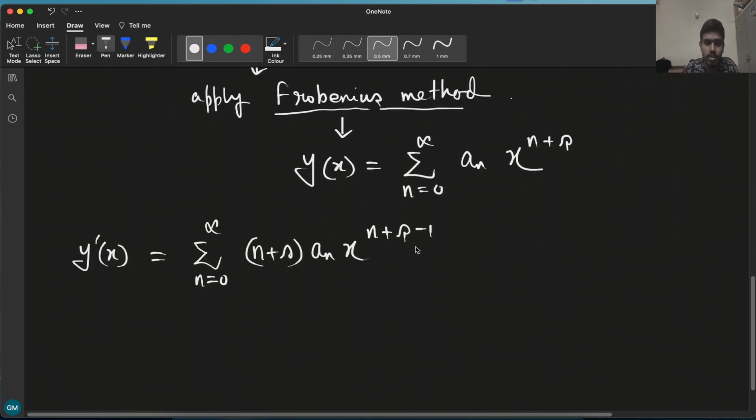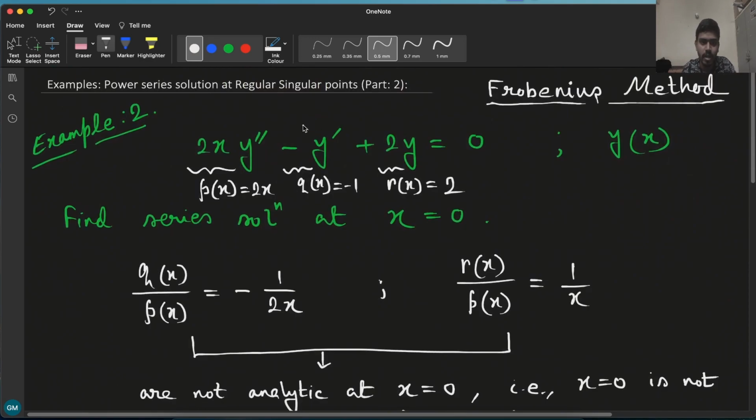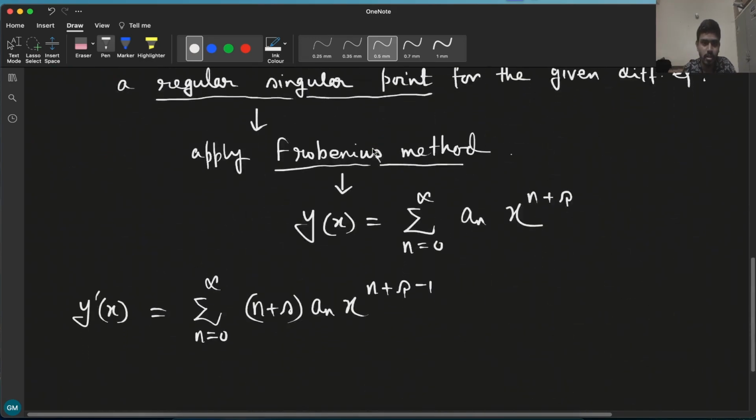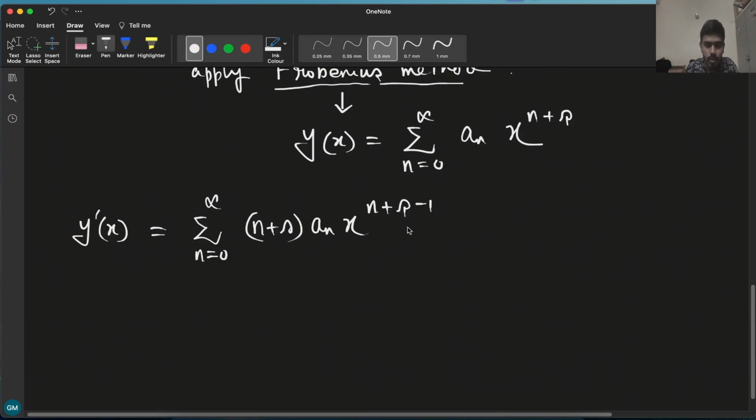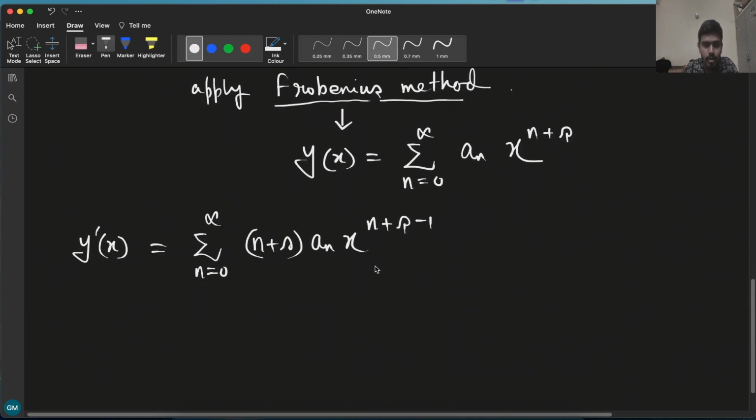You can also observe that here x has a power of n plus s minus 1, and this is the second term we are writing, which is just y dash. We need to write it in such a way that x has a power of n plus s, because we want to compare.